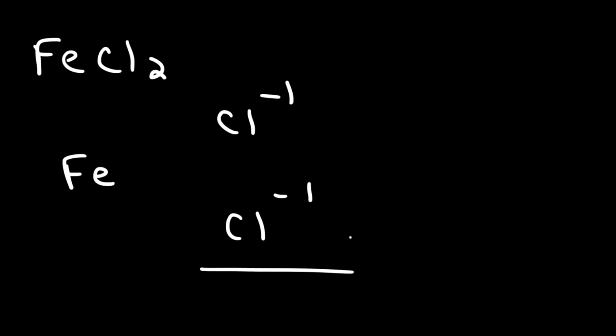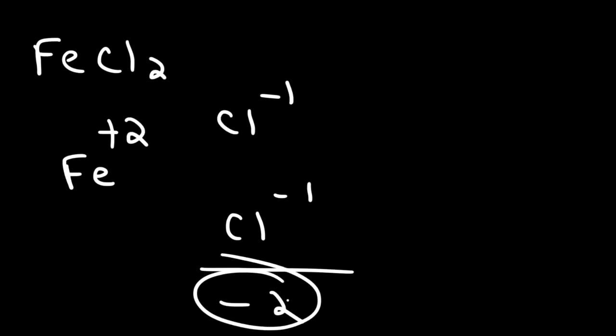So the total negative charges are -2. Now there's one Fe particle, and so it has to have a +2 charge in order to neutralize the net -2 charge rather. And so to name this, it's going to be iron 2 chloride because the oxidation state of iron metal is +2 in this particular compound.